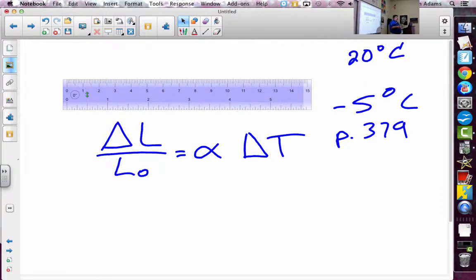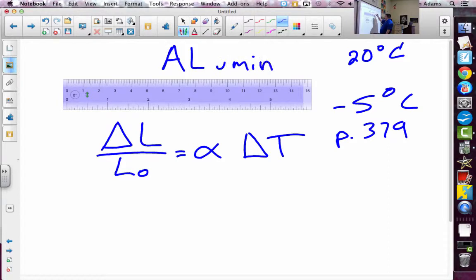Alpha is a constant depending on the material. We call it the coefficient of thermal expansion, and it's based on the material. What kind of material was this ruler made out of? Aluminum. So this is aluminum. Did I spell that right? I think I did. All right.